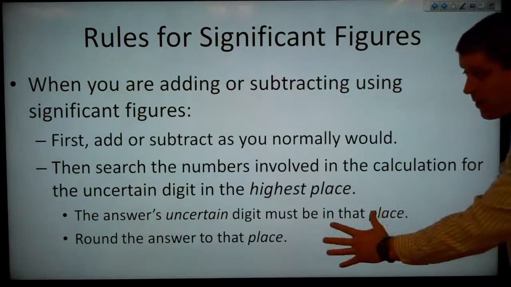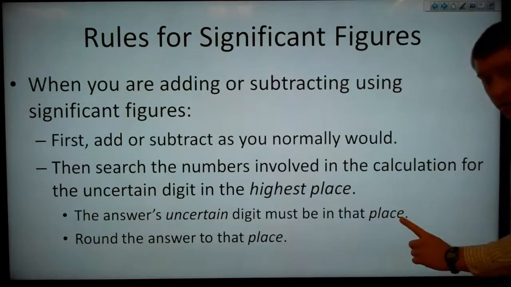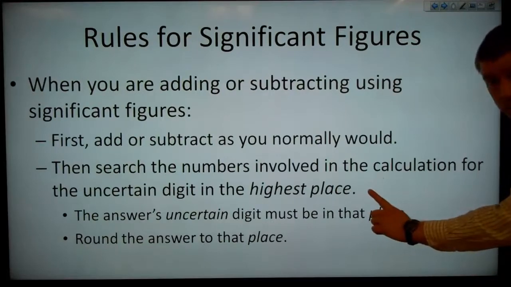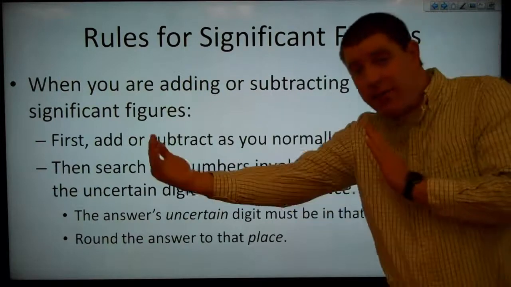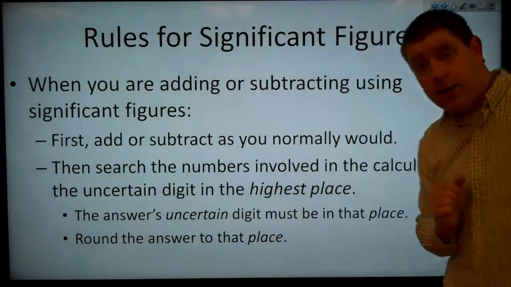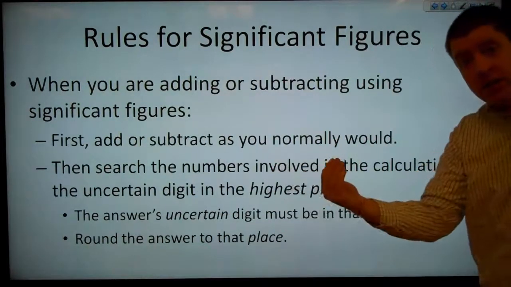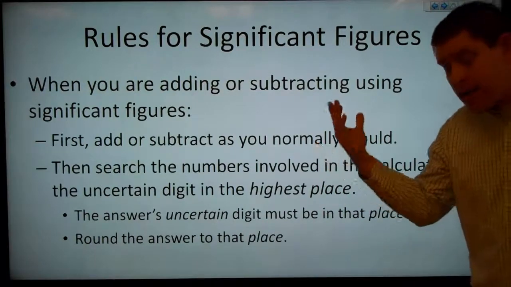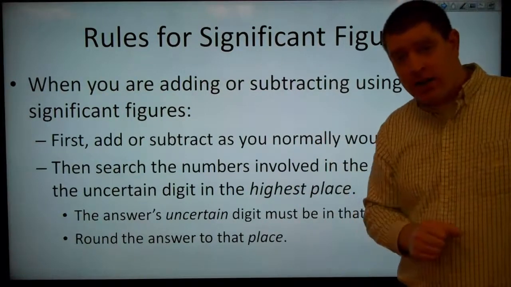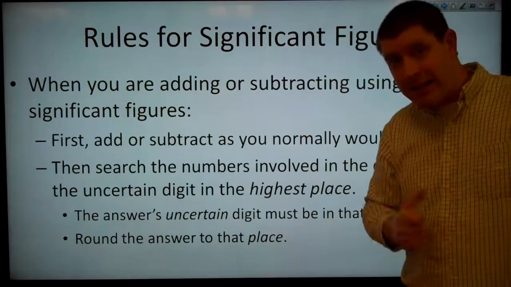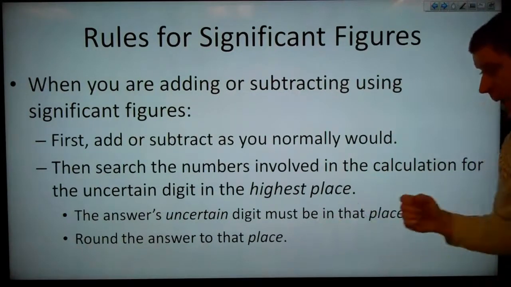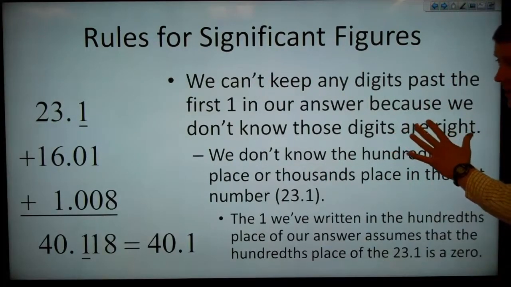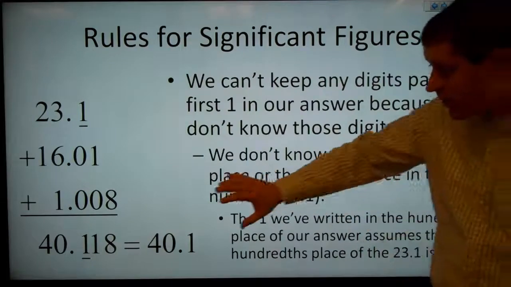The answer's uncertain digit must be in that place, the place farthest to the left that is uncertain in any one of the numbers in our calculation. That's the place to which our answer has to be rounded. So we can't keep any digits past the first uncertain one in our answer here.